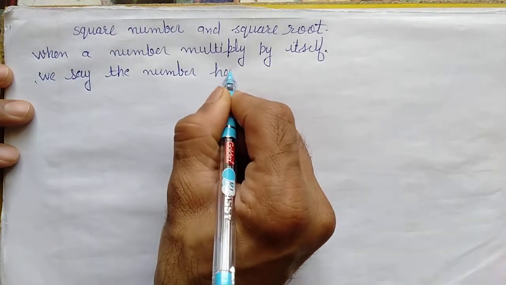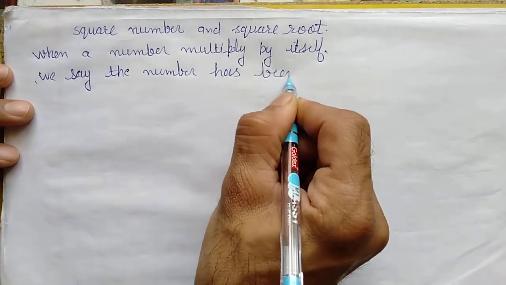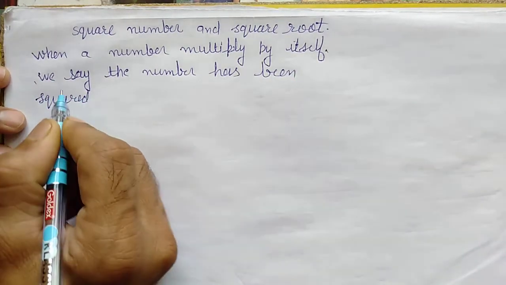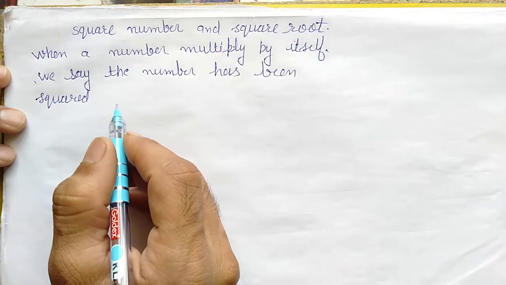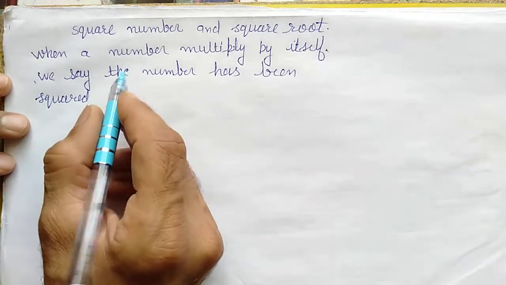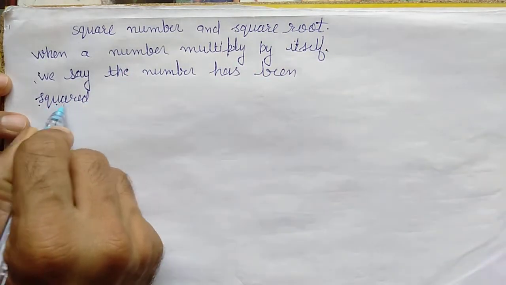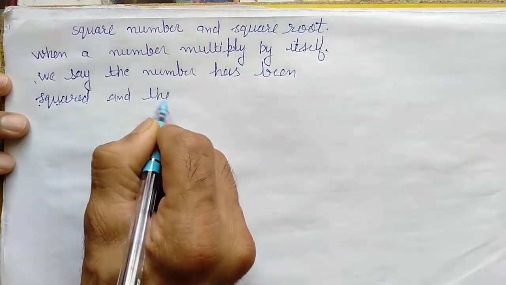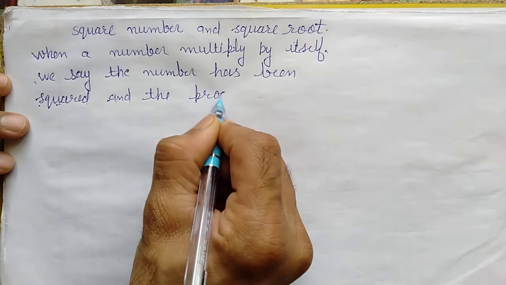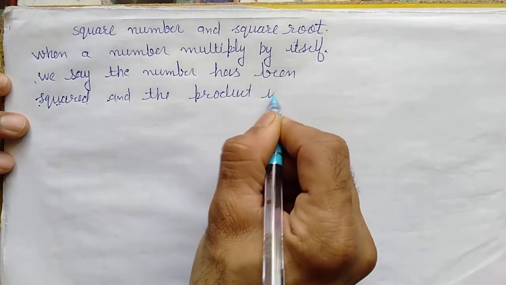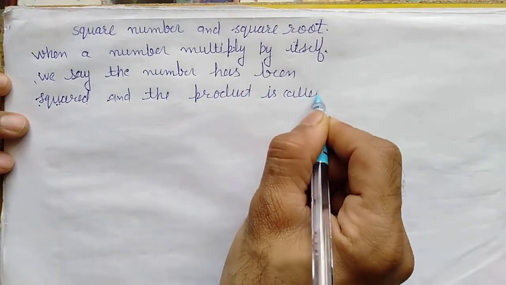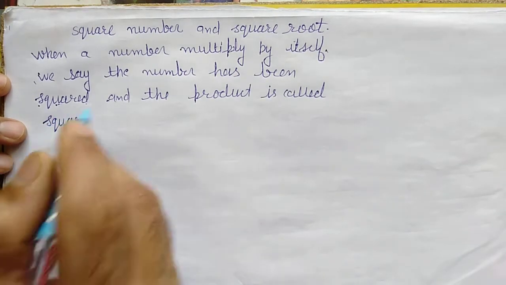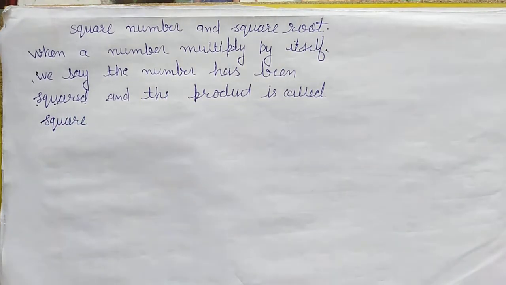The number has been squared and the product is called a square number, right?